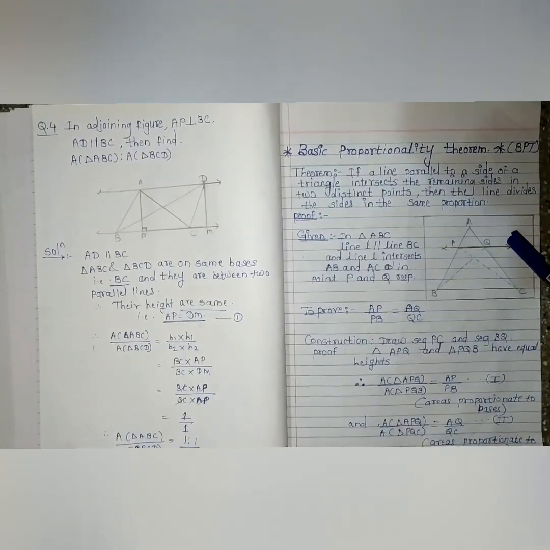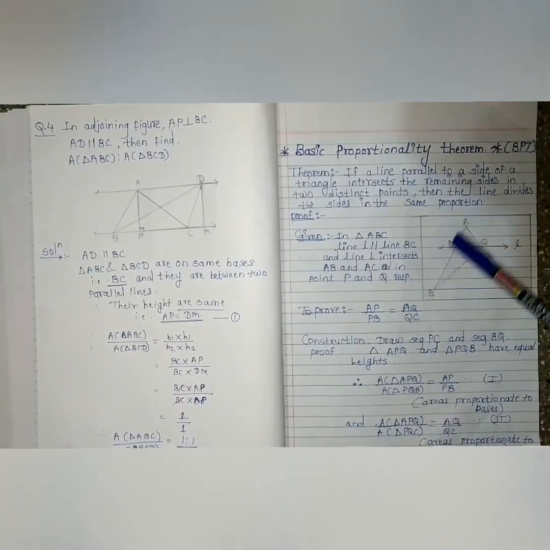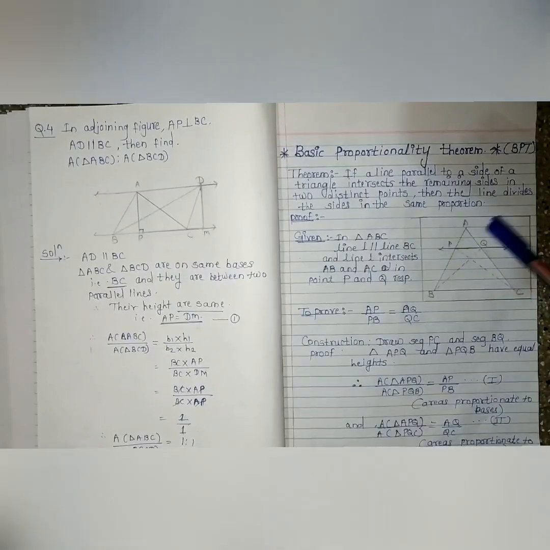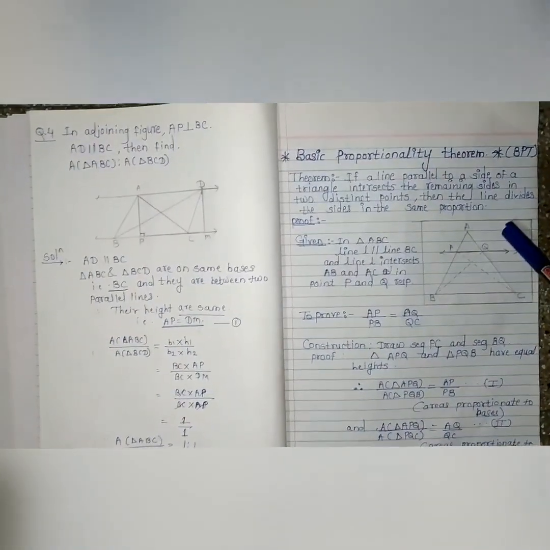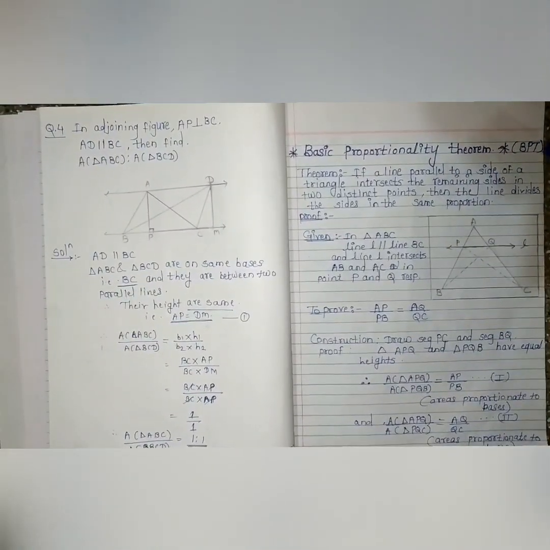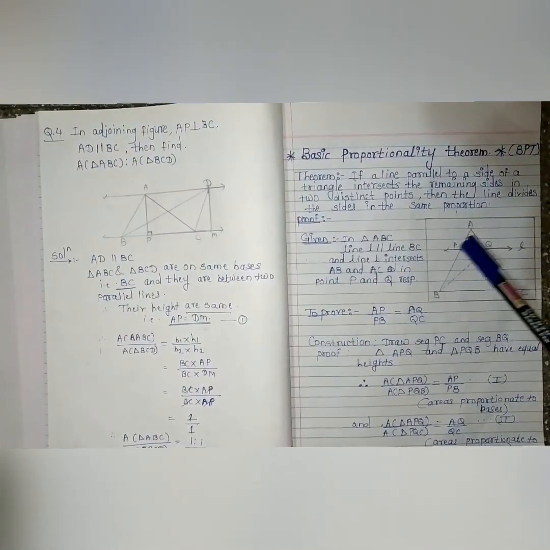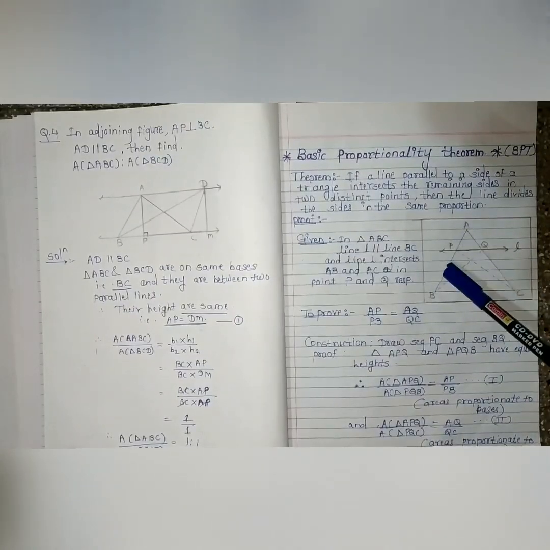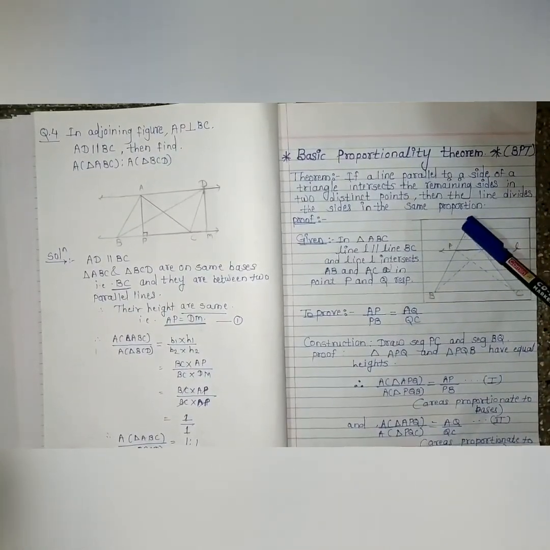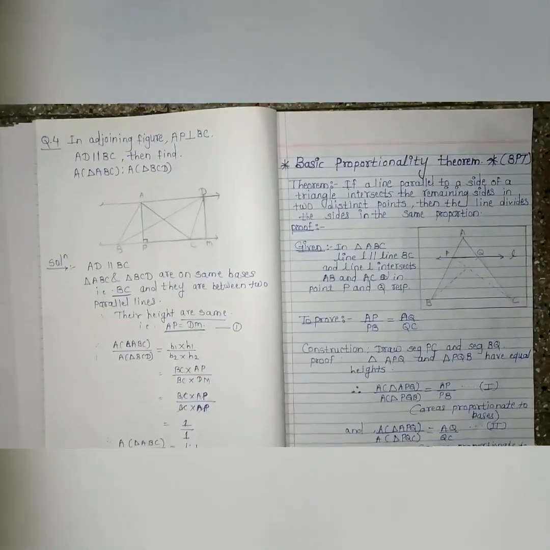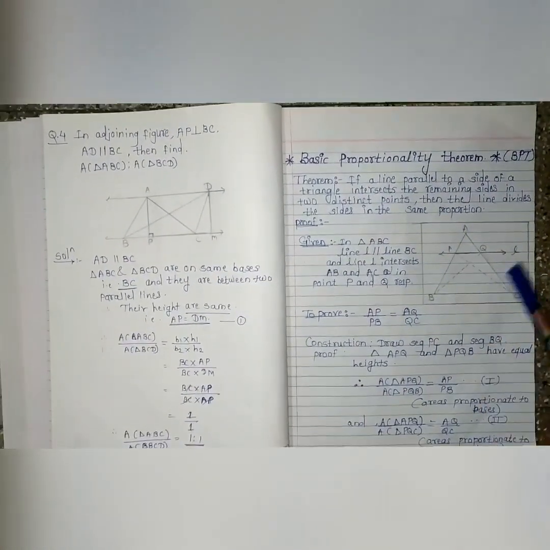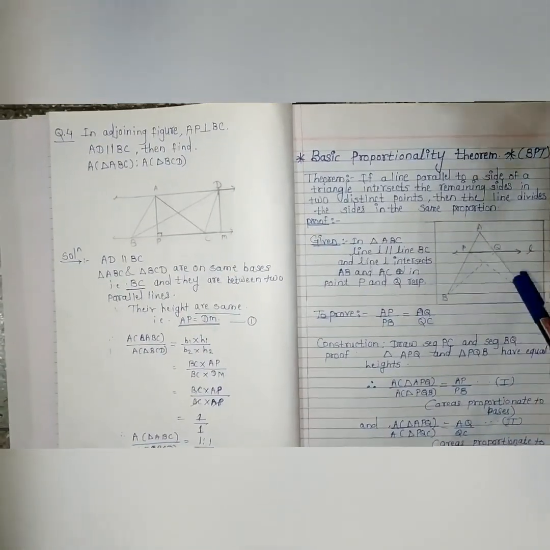Therefore, line L intersects the side AB at point P and side AC at point Q. Then the line divides the sides in the same proportion, meaning AP upon PB is equal to AQ upon QC. This is the statement of the basic proportionality theorem.